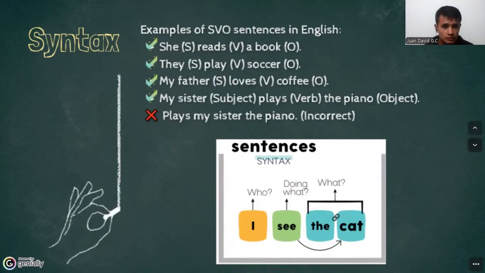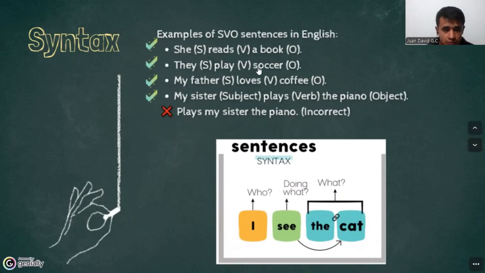Examples of SVO sentences in English. She, the subject, reads, the verb, a book, the object that is receiving the action. The correct sentences here have this structure: first the subject, then the verb, and finally the object that is receiving the action.